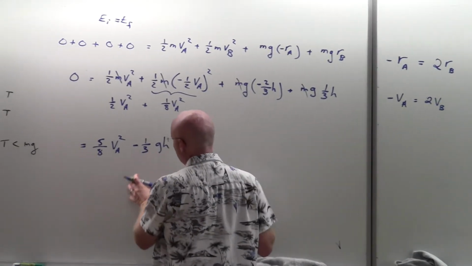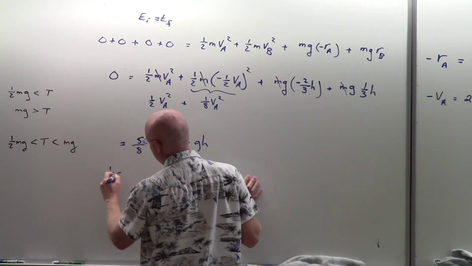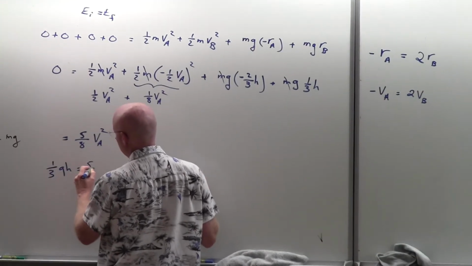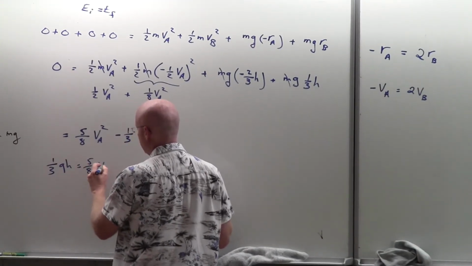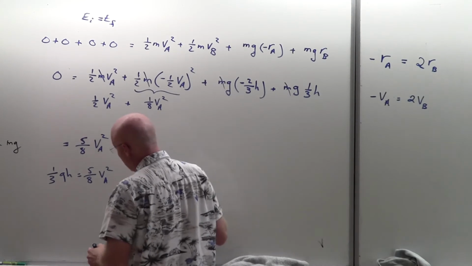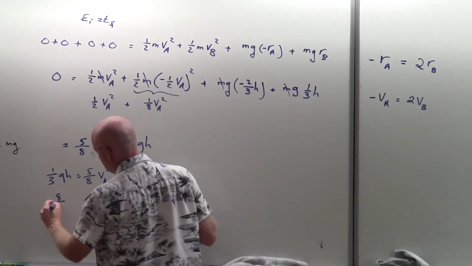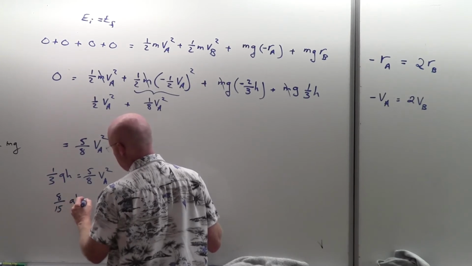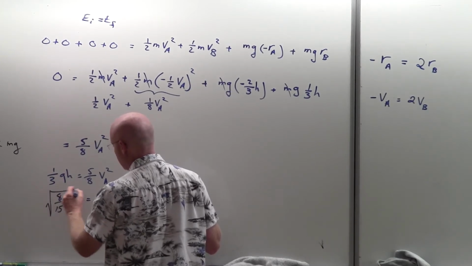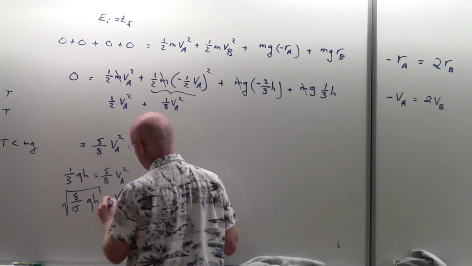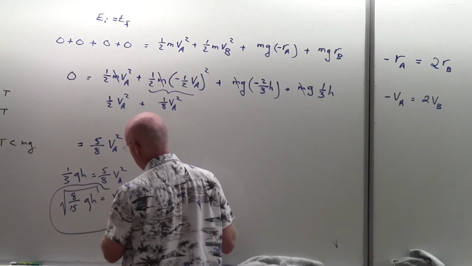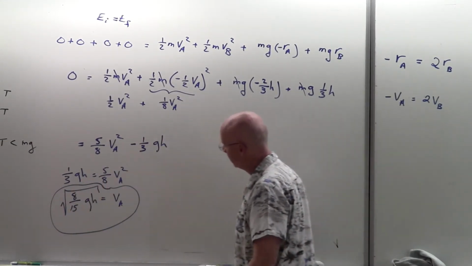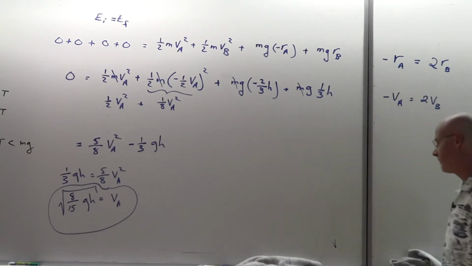And so once I move it to the other side, I get 1/3 GH is equal to 5/8 V squared. Simplifying this a little bit, I get an 8 and a 15. I get a GH. I take a square root and I get a VA. Ta-da!